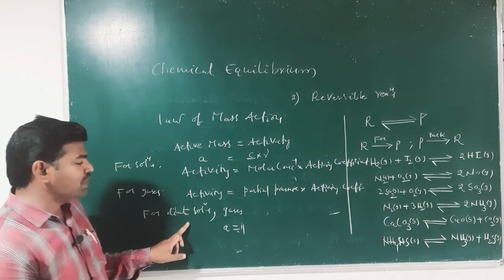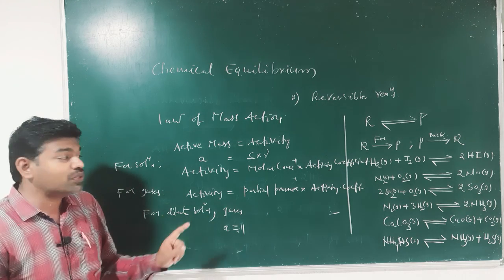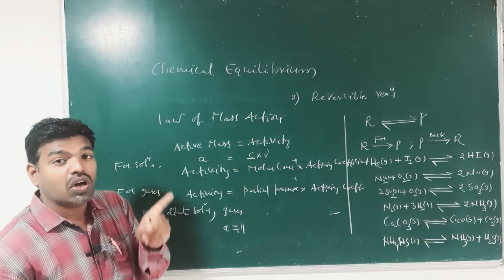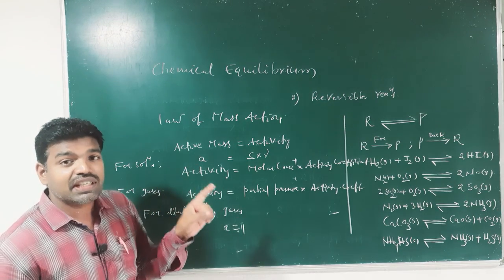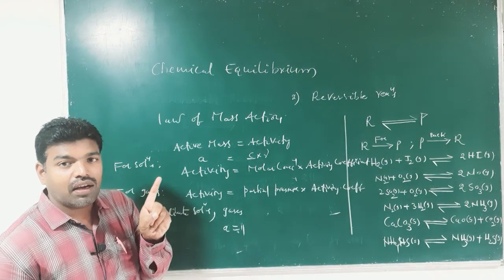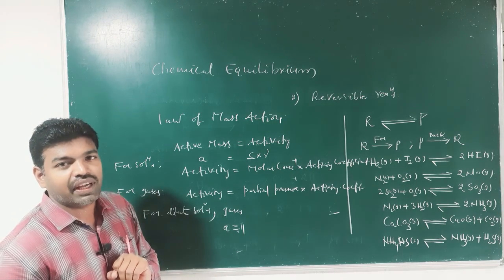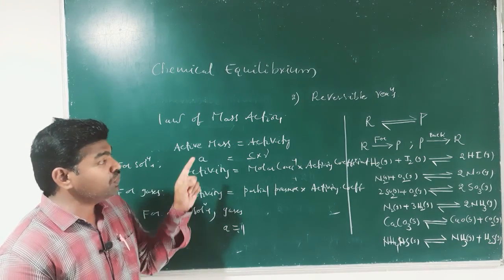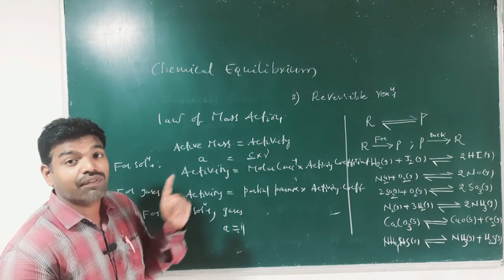And for dilute solutions and gases, activity is equal to 1, because the activity coefficient is equal to 1. I explained why the activity coefficient is equal to 1 in the pH concept lectures, so please refer to those lectures to see why gamma, the activity coefficient, is equal to 1 for dilute solutions.